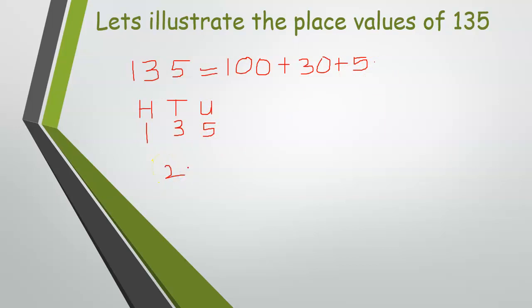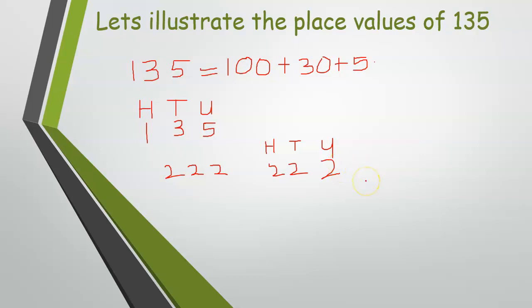222. These three numbers made up 222, but each of them has a different value. If you bring this under hundreds, tens and units, it will translate to this, and this.